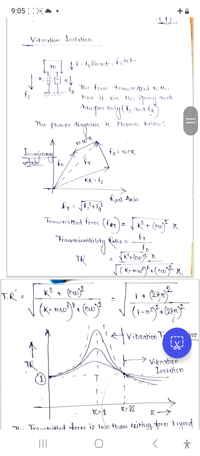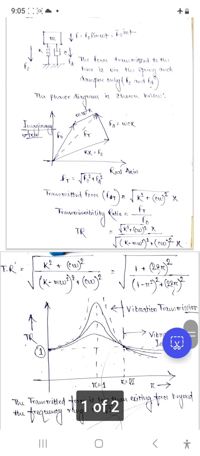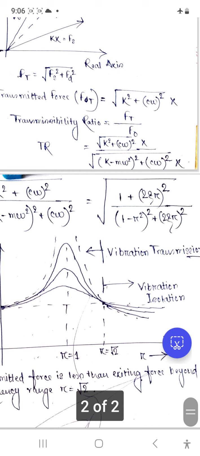So this zone is the vibration transmission zone, because force is being transmitted here with a ratio of TR greater than 1. But beyond r equal to root 2, it is vibration isolation, because less force than the exciting force is reaching the base.